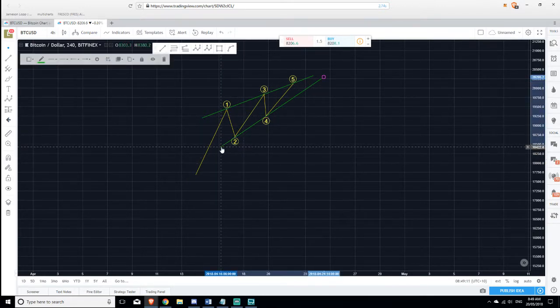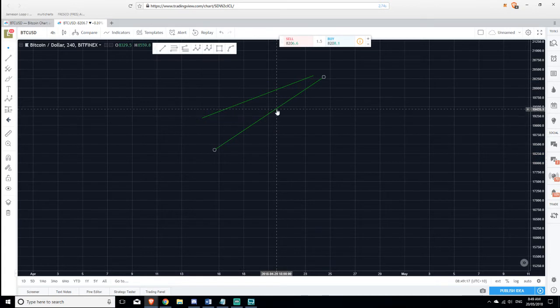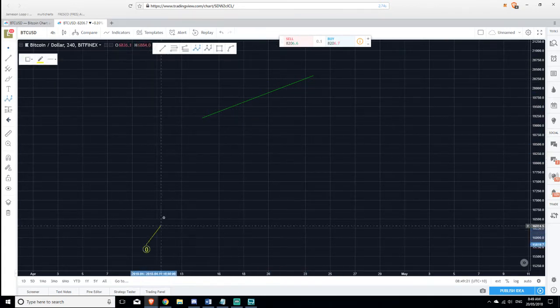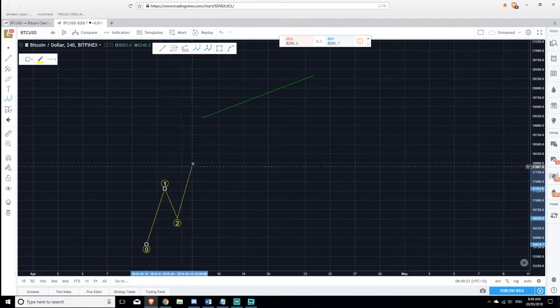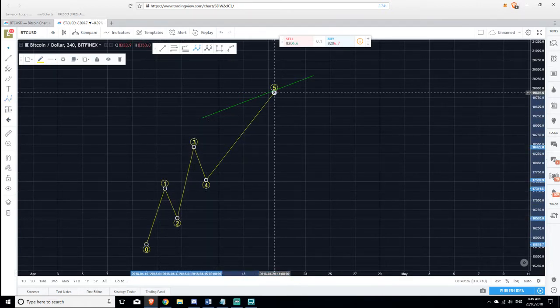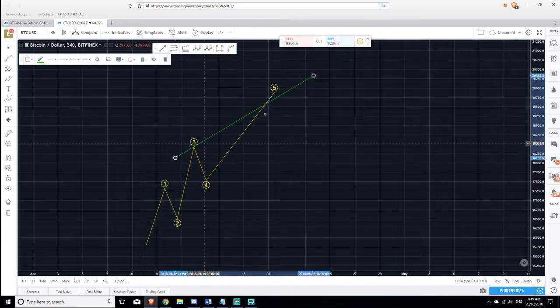So this will be an example of a first wave, a leading first wave diagonal in a bullish sense, that is. In an ending fifth wave diagonal, you have something like this. Wave 5 will do something like that.